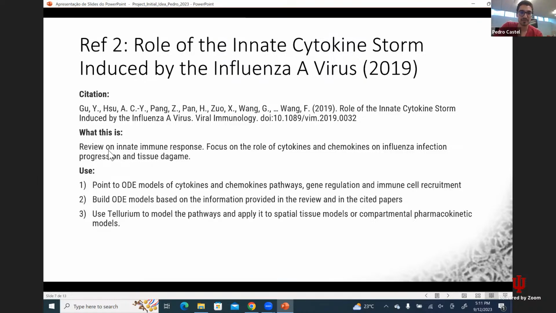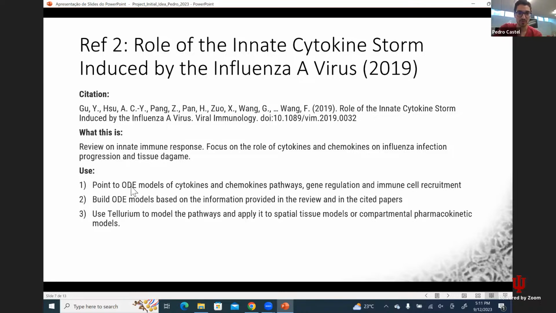So basically, it reviews innate immune response and the role of cytokines, and it gives an extra focus on cytokine storms, which is a major issue in infections because it drives tissue damage. So cytokines, although they are needed to defend against an infection, they promote tissue damage.